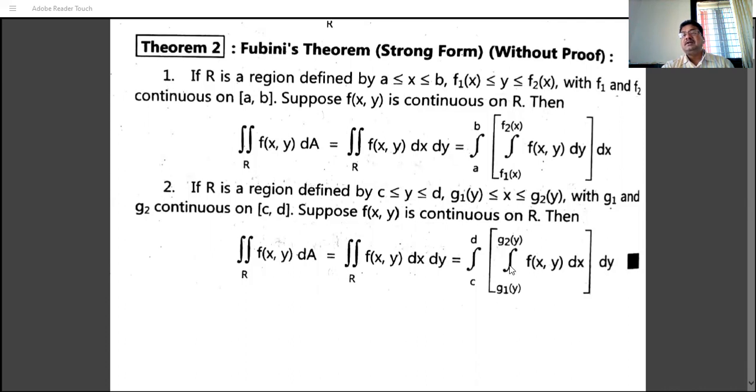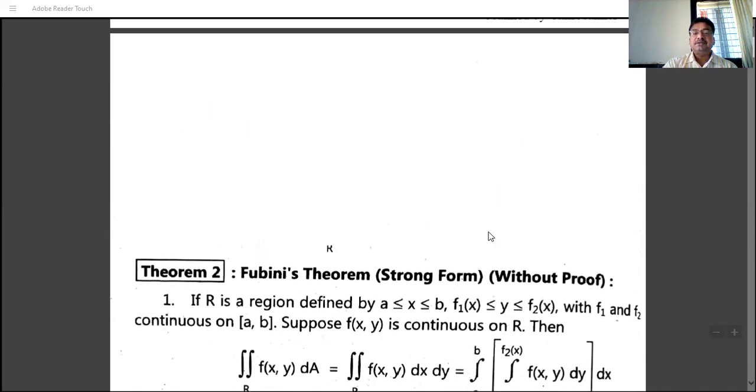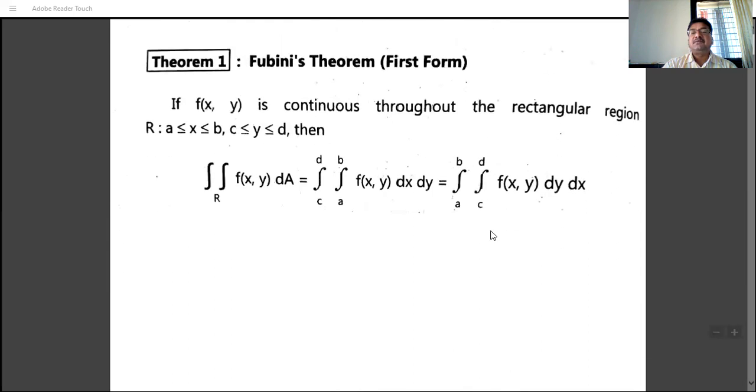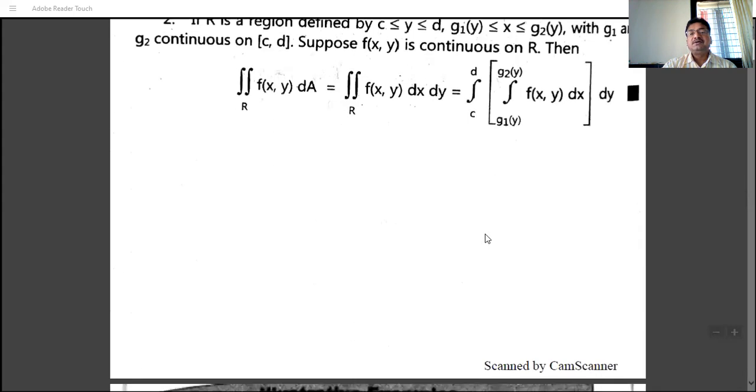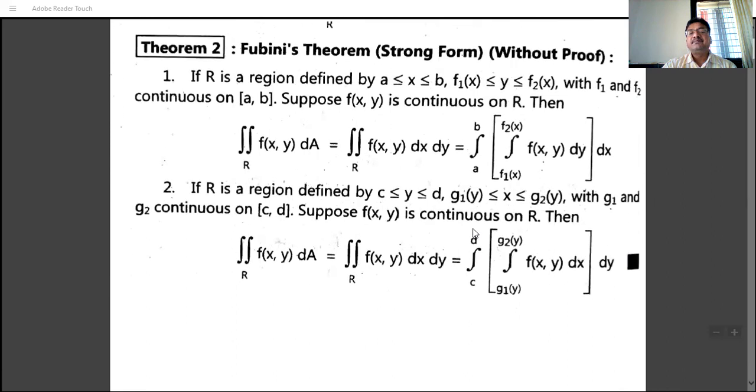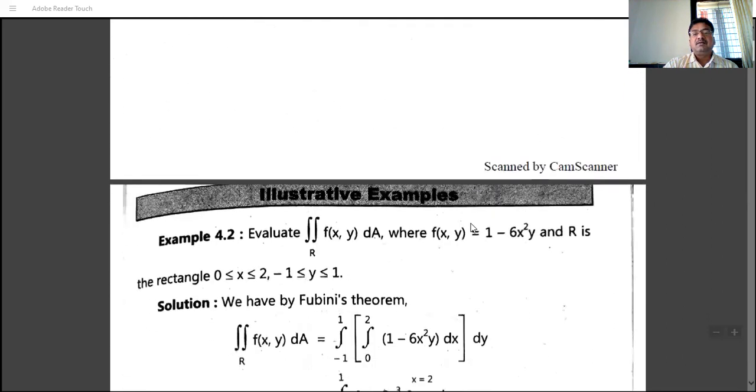That is, if the limit of a variable is not constant but in variable form, integrate with respect to that variable first, and then with respect to the other variable whose limit is constant. So these are Fubini's theorem, the first form and second form, or weak form and strong form. We are going to use this theorem in our examples.